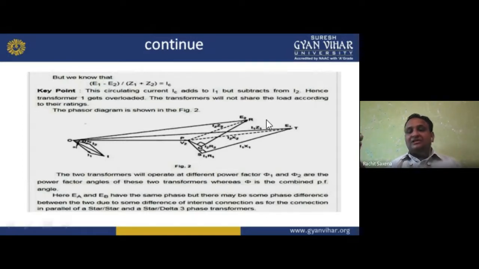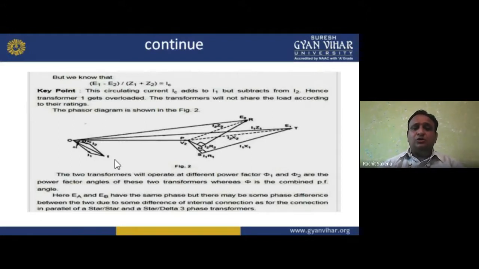For example, I1 Z1, I1 R1, I1 X1 for the first transformer, I2 Z2, I2 X2, I2 R2 for the second. Here this shows you the impedance triangle, the phasor diagram of the first transformer. This shows the phasor diagram of the second transformer. We can make I1 plus I2, and that is the I we represent. Means we are representing voltage and current here. That is the phasor diagram.